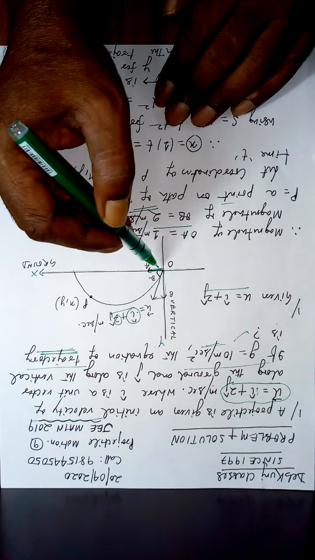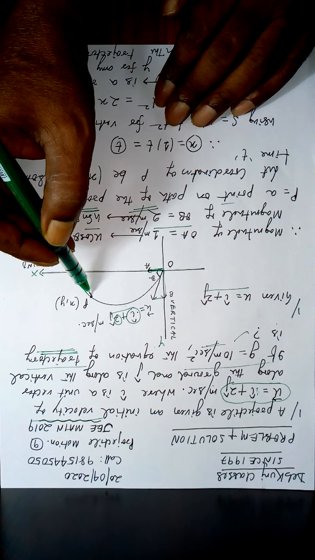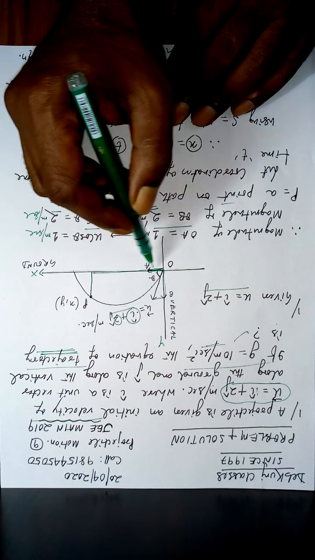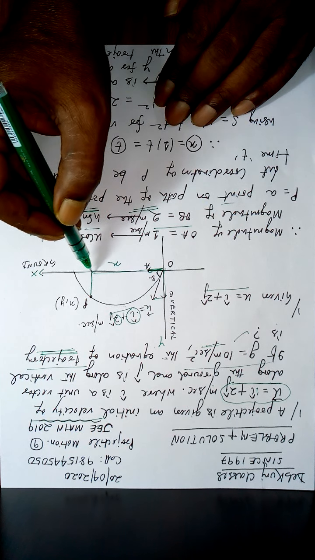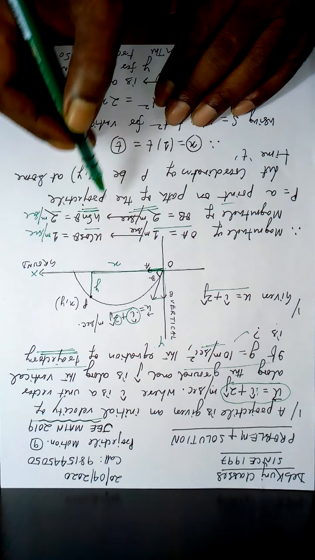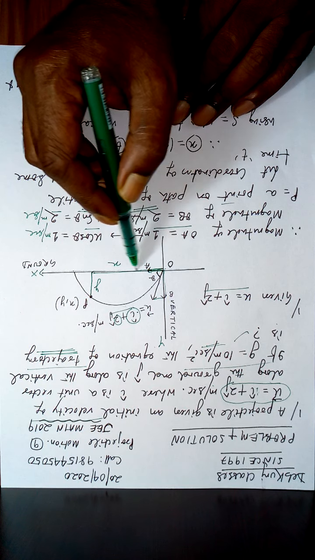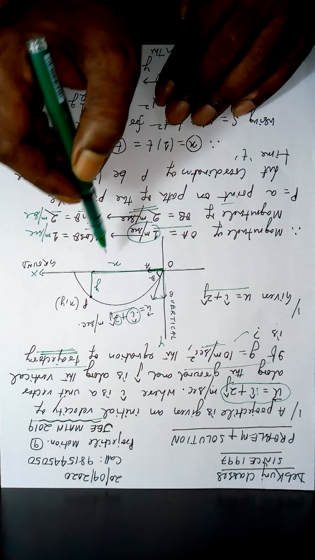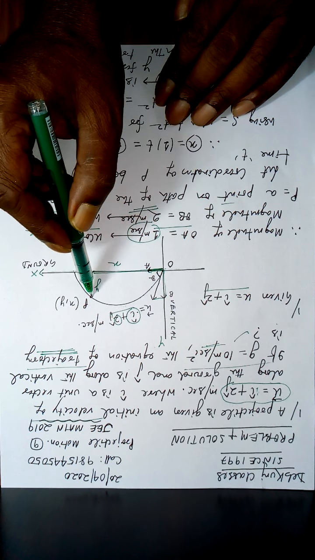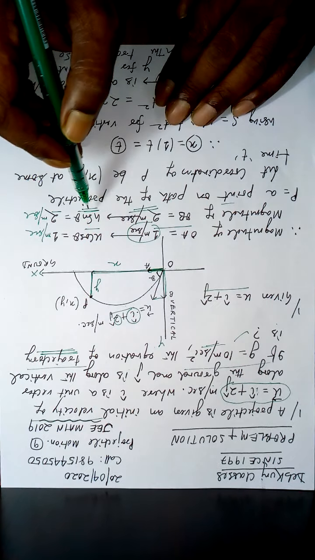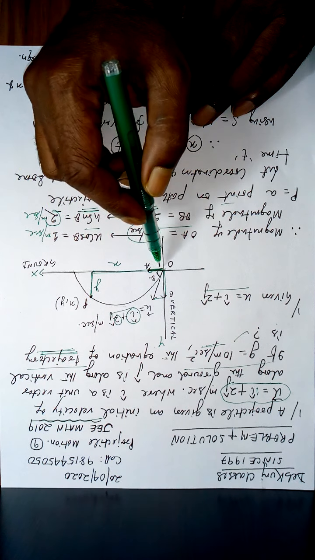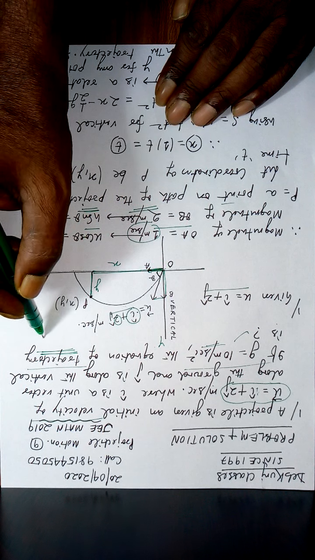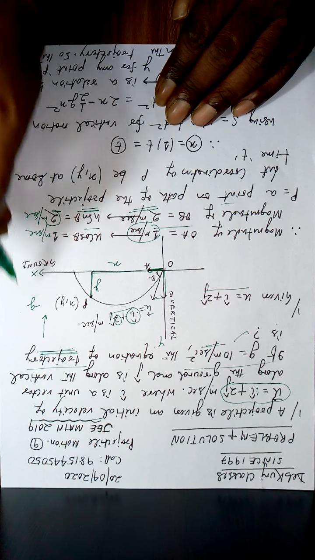If I drop a perpendicular, from O to here is the x coordinate, and from here to here is the y coordinate. This x distance is travelled due to this, that is 1 meter per second. This y distance is travelled due to this, that is 2 meter per second. To this side there is no acceleration, but in this direction there is negative acceleration, minus g.